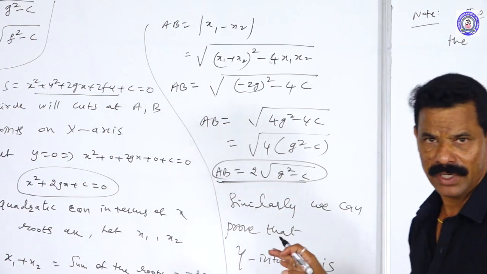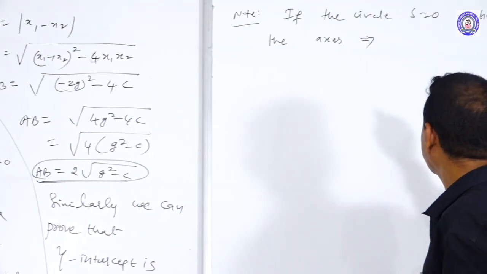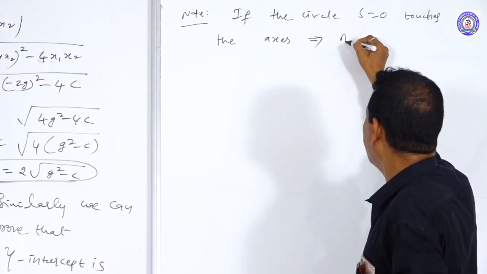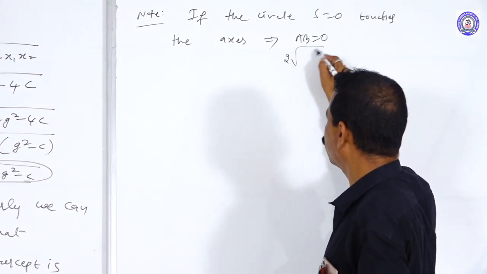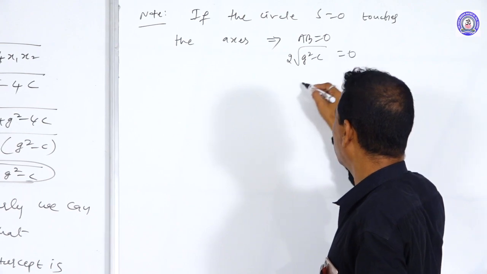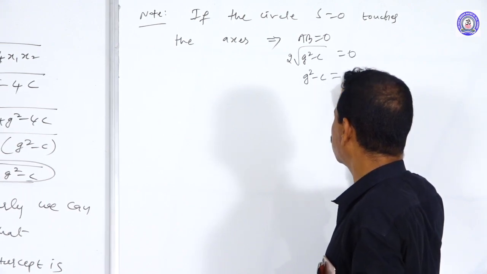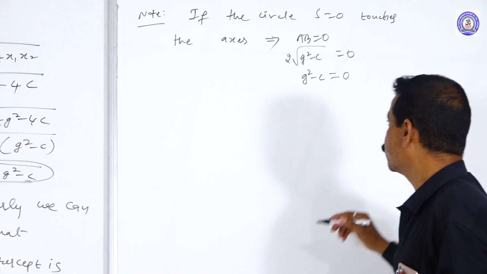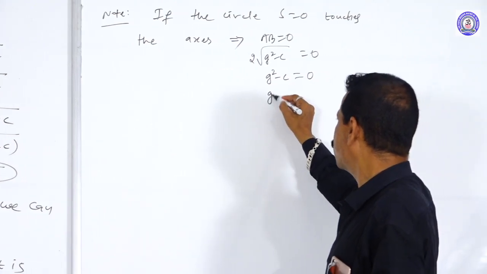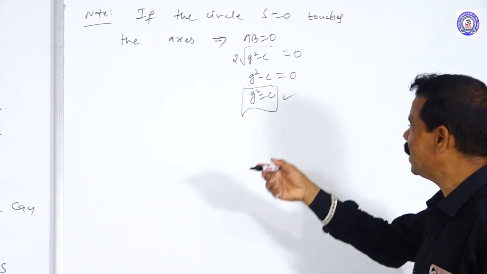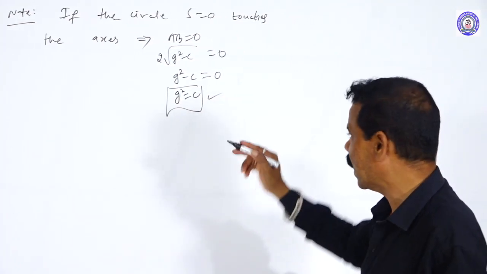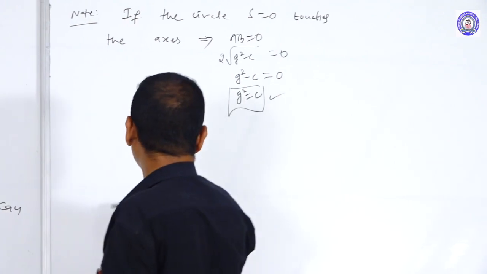There is no intercept, the value is 0. AB is equal to 0. That means AB is what? 2 root of g square minus c is equal to 0. So finally g square minus c is equal to 0, we write. After that g square is equal to c comes. If g square is equal to c, that circle touches the x-axis. That is the condition.